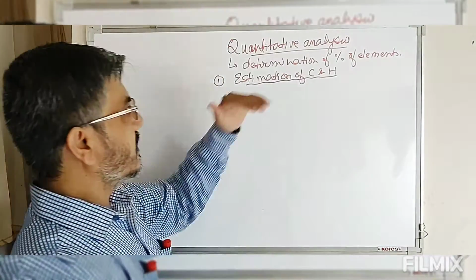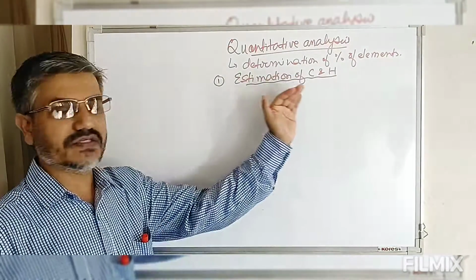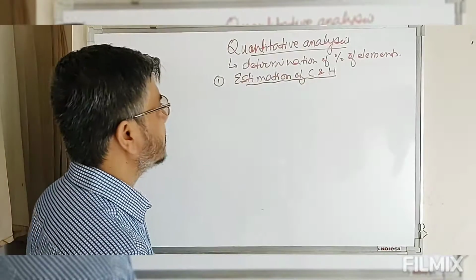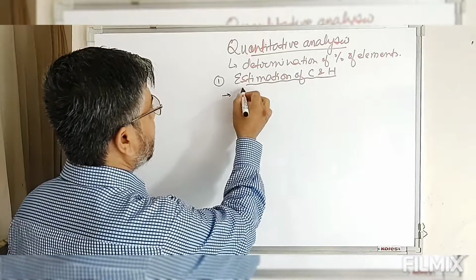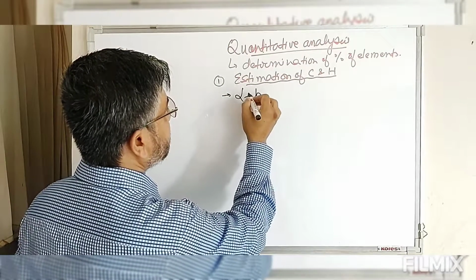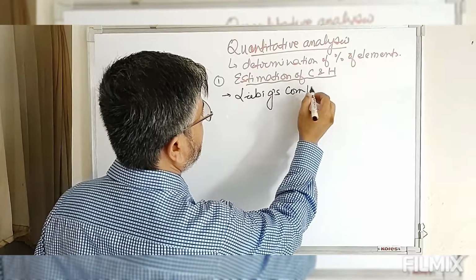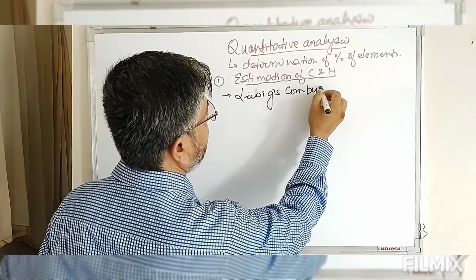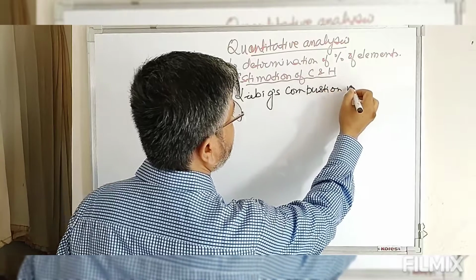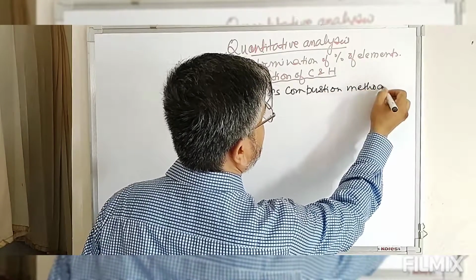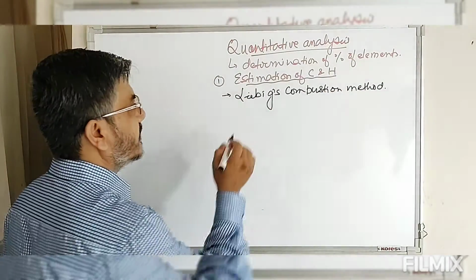Now the method employed for estimation of carbon and hydrogen is what we call Liebig's combustion method. So by this combustion method we will identify the concentration of carbon and hydrogen.